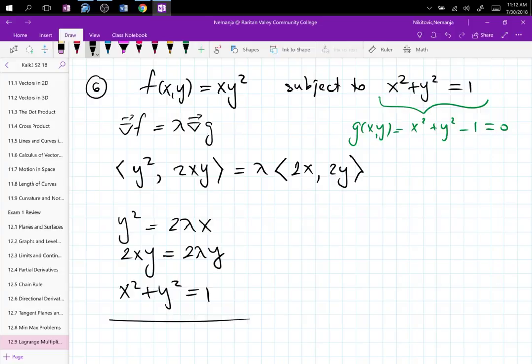The only thing we don't care about is the value of lambda, because all of the points at which min and max occur along this constraint will be x comma y. So all I need to do here is, when I solve the system, find all xy points, and then the highest z value is max, and the lowest z value is min. Very simple once you get it.